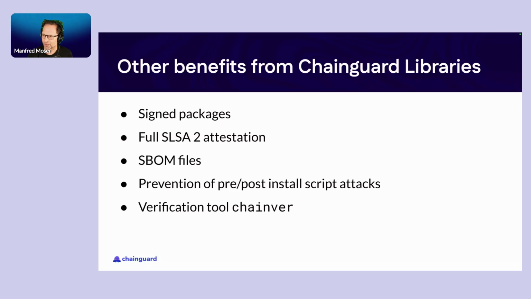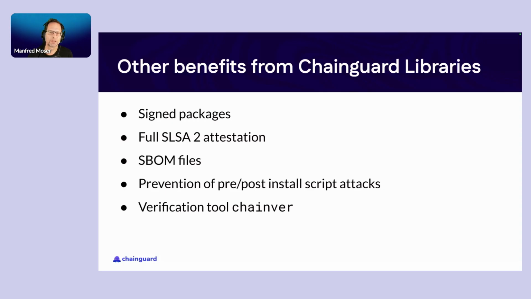And then the next benefit is you can also verify all that. There's a tool called chainctl that we provide, just a command line tool that allows you to verify all that information as well. So you can basically point it at a Docker container or so and see, hey, are these components in there from Chainguard? Which ones are not?